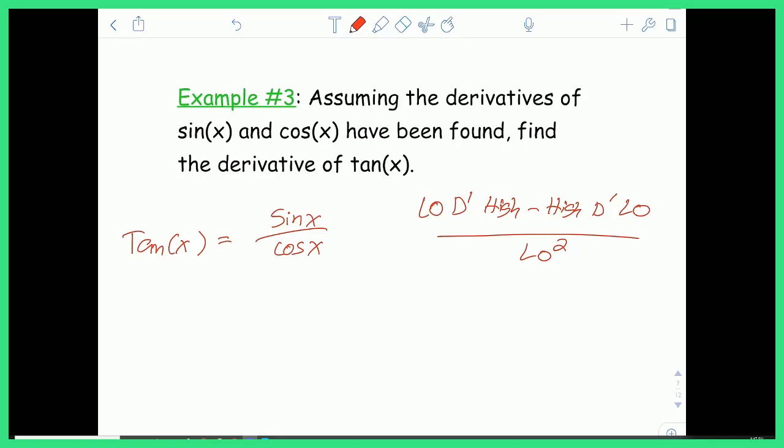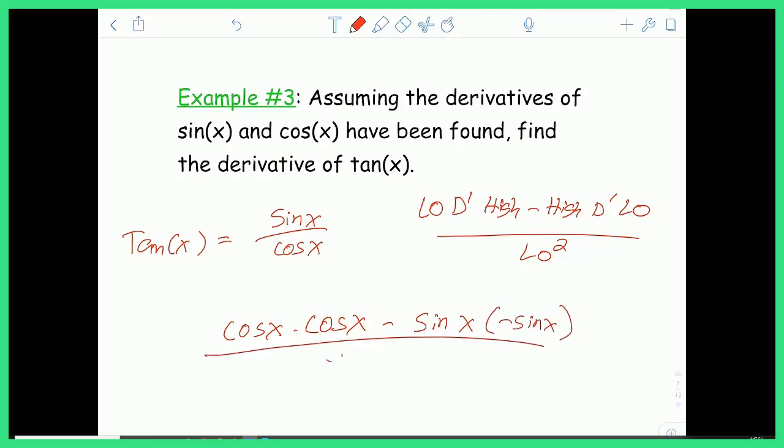So let's do it. So low is cosine x, so cosine x times the derivative of the high, that's the derivative of sine x, that's just a regular old cosine x, right? And then we're going to minus high, which is sine x, times derivative low, which is negative sine x, all divided by the low squared, which is cosine x, and we'll square the cosine, right?